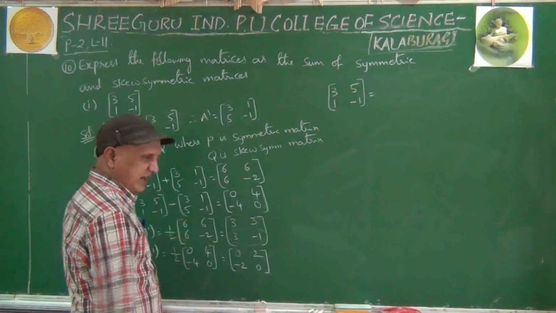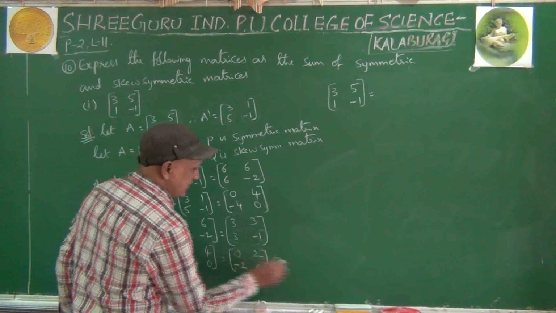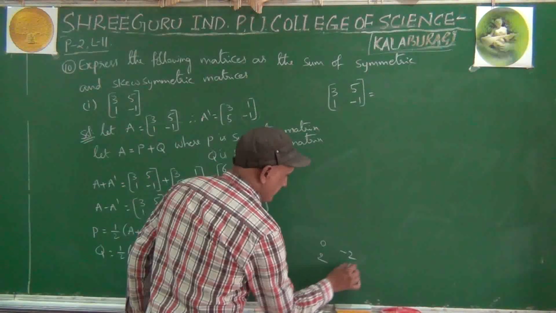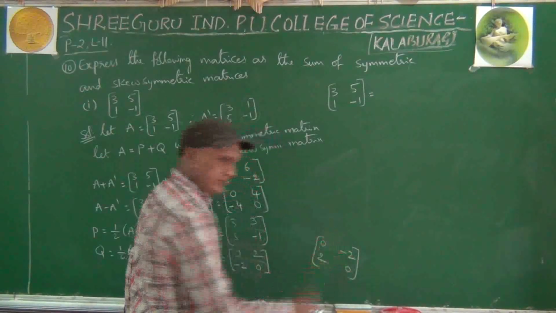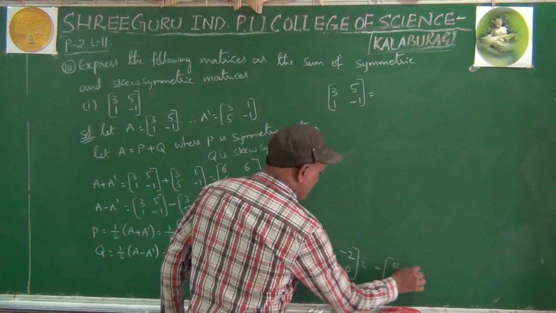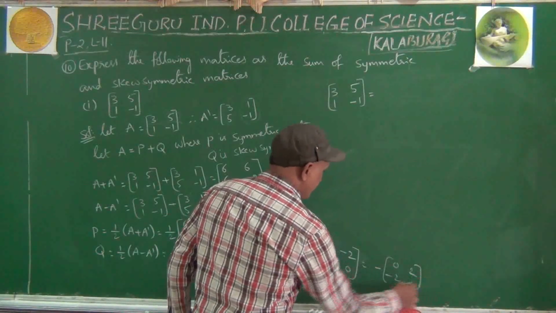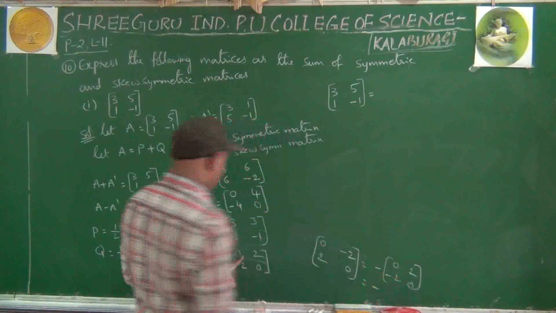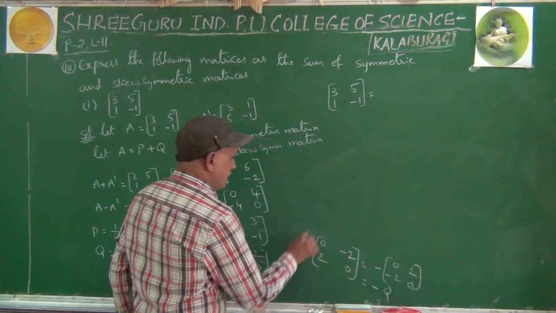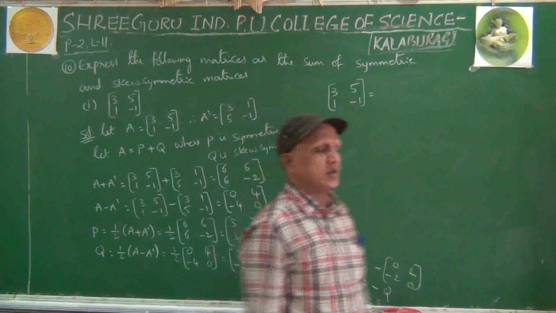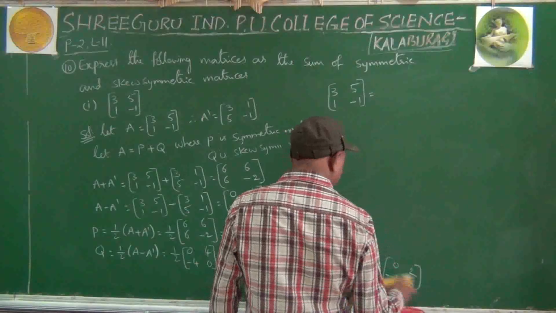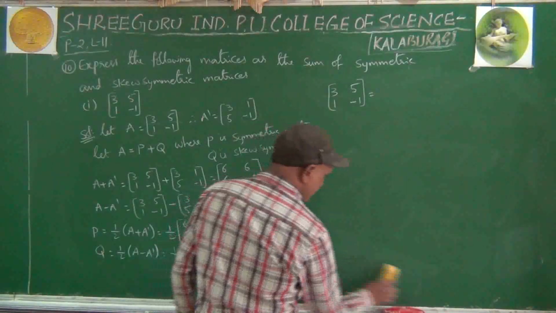For this one, if you find the transpose, first row becomes first column, second row becomes second column, right? Take minus common: 0, 2, minus 2, 0 equals minus of 0, minus 2, 2, 0. Q dash we found, we got minus Q, therefore it is a skew symmetric matrix.